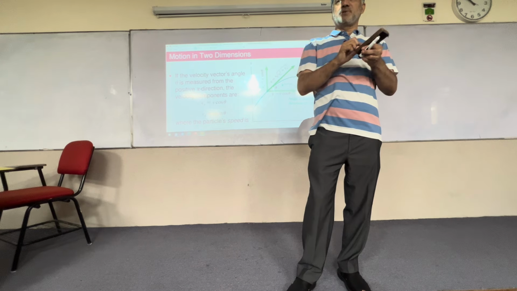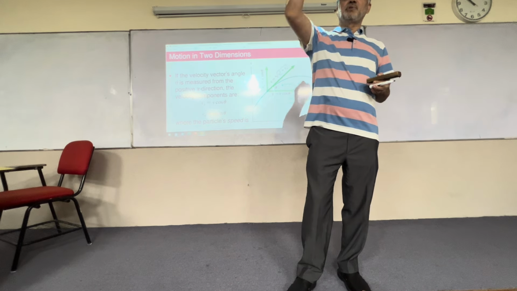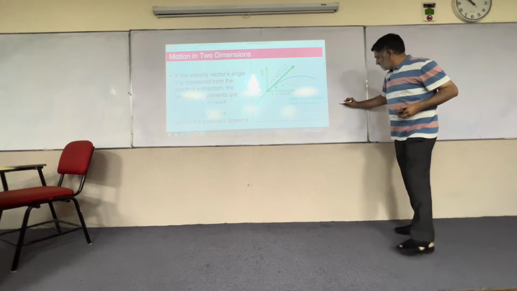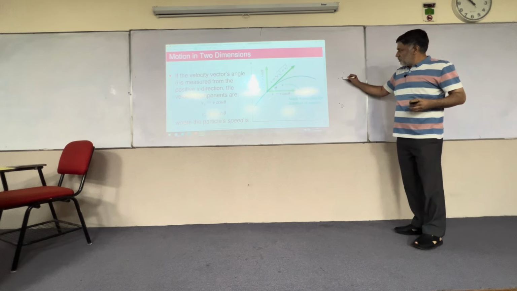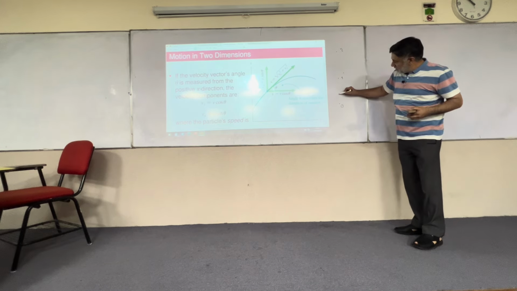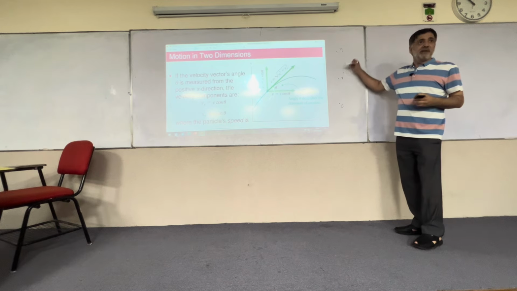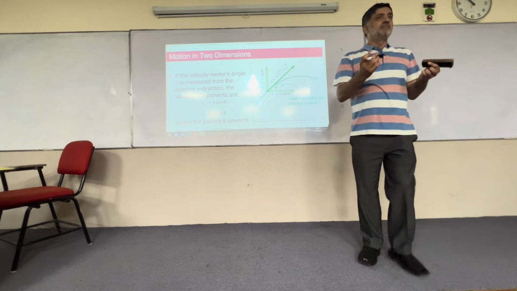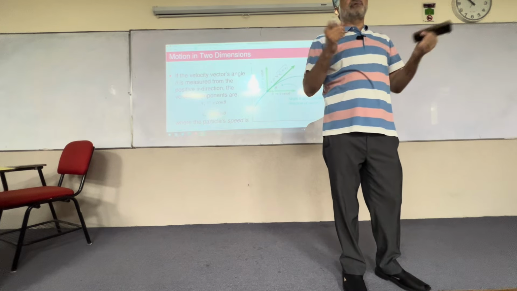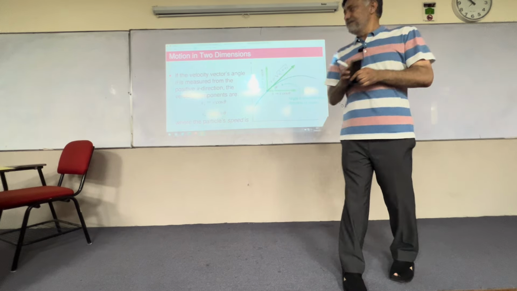Actually 3 points, 0, 1, 2, and you had many frames there. But we are using 0, 1 and 2 not for the frame numbers, but for convenient points to solve the problem.